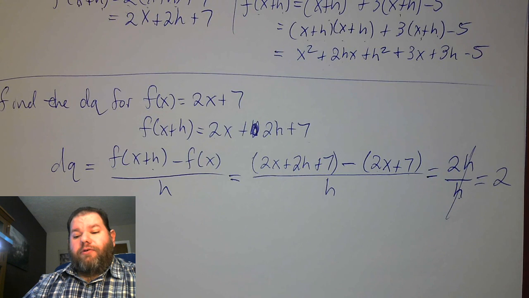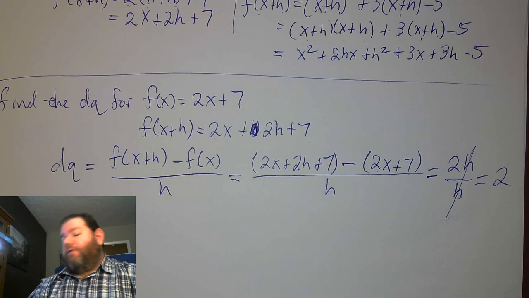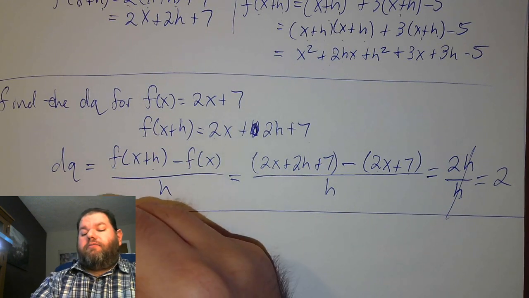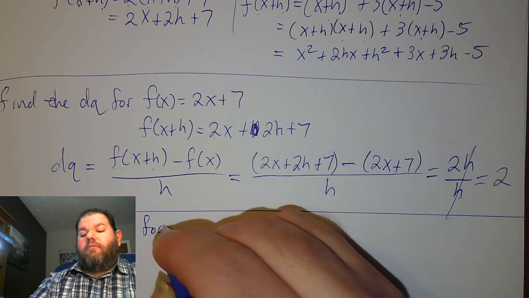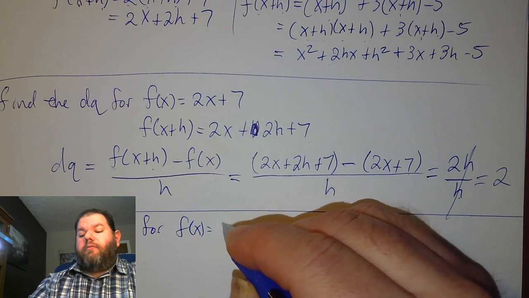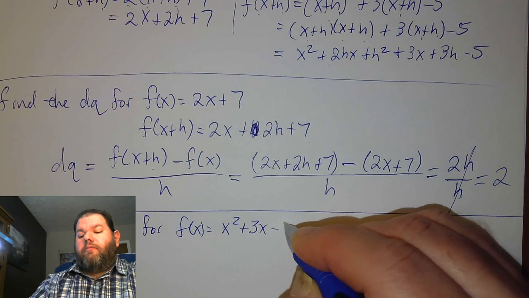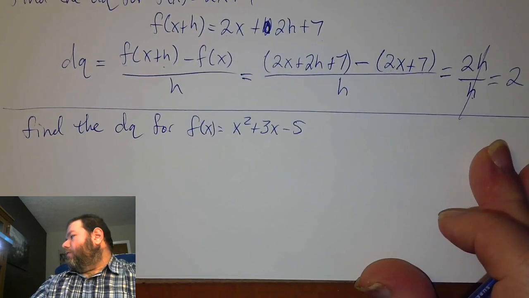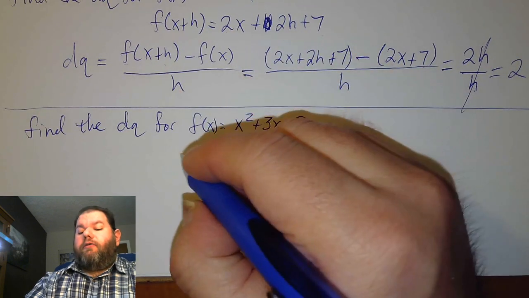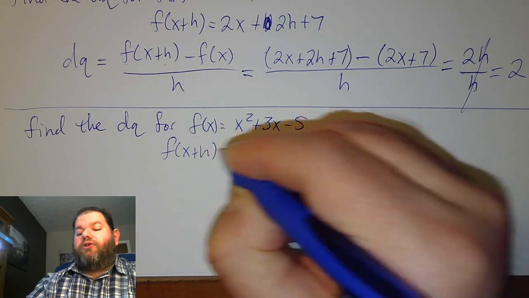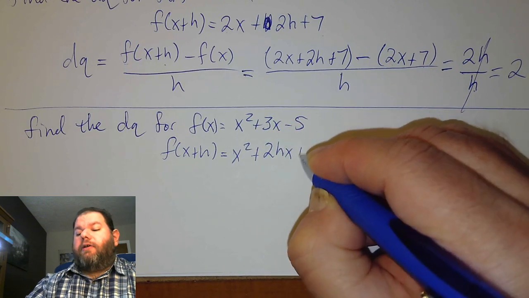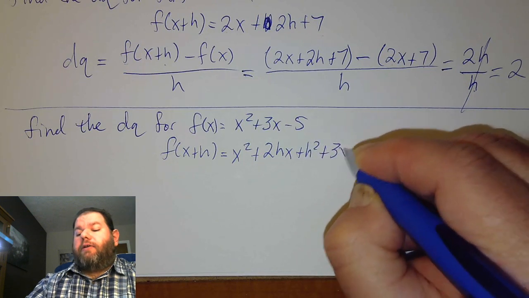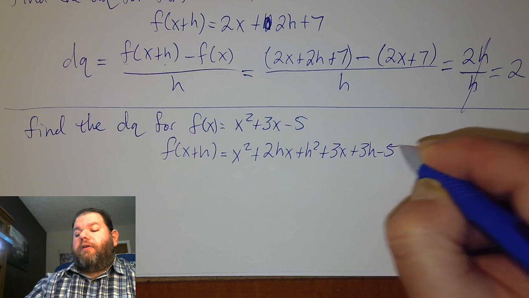It's a little bit more challenging for the quadratic, x squared plus 3x minus 5, that we looked at before. So above, we already found f of x plus h. We said that was x squared plus 2hx plus h squared plus 3x plus 3h minus 5.